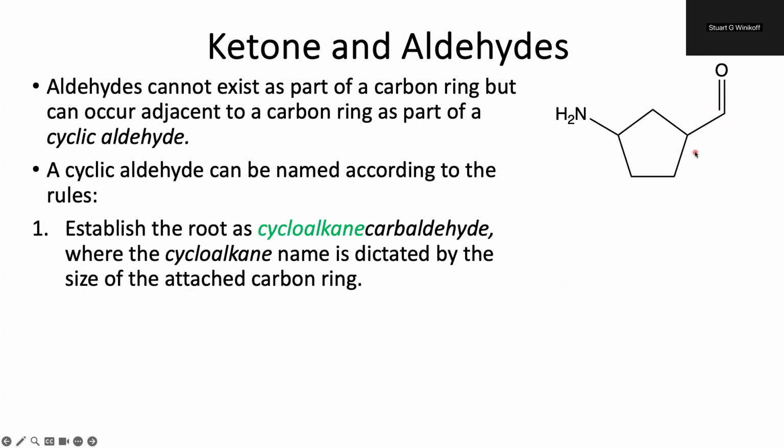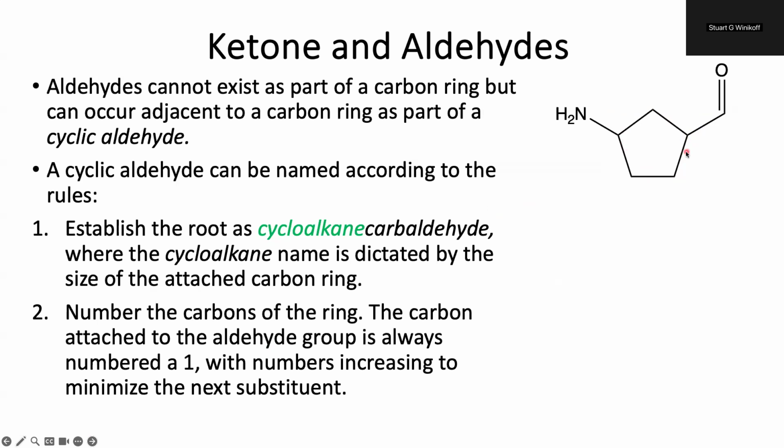Now, these have slightly different namings. So our cyclic aldehydes are going to be named according to a mix of 2 things. We're going to name that aldehyde as a carbaldehyde in the suffix, and the main portion of the name is going to be a cycloalkane or alkene, essentially denoting what ring that aldehyde is attached to.